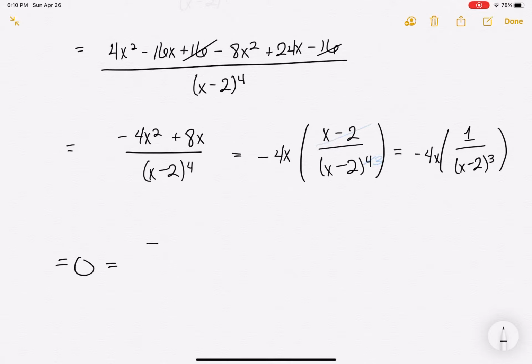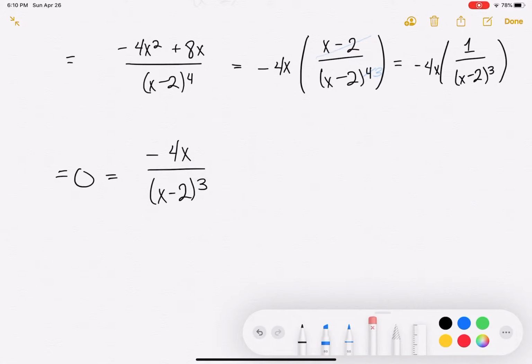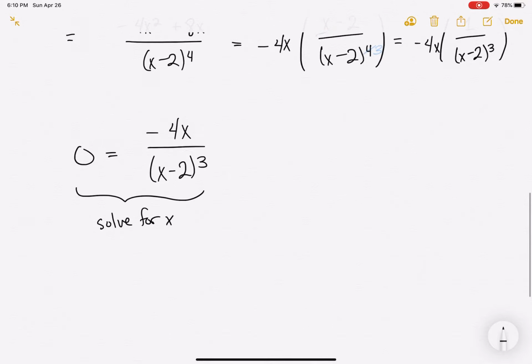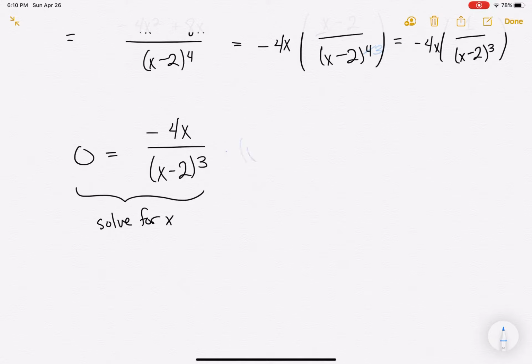Okay, so if this is equal to 0, there are all sorts of ways you can think about having this equal to 0. But solving for x now, go ahead if you want. You can certainly multiply both sides by x minus 2 cubed, but that's not doing anything to the left-hand side.